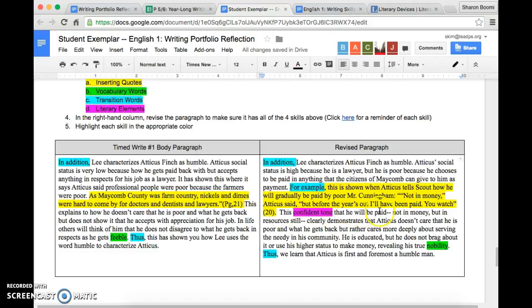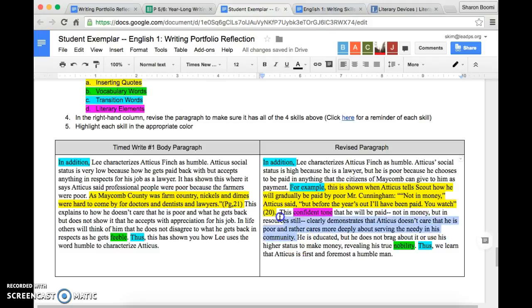This confident tone that he will be paid, not in money but in resources still, clearly demonstrates that Atticus doesn't care that he is poor and what he gets back, but rather, so I'm going to see that I need to fix that. I'm going to read that over. This confident tone that he will be paid, not in money, but in resources still, clearly demonstrates that Atticus doesn't care that he is poor and rather cares more deeply about serving the needy in his community.